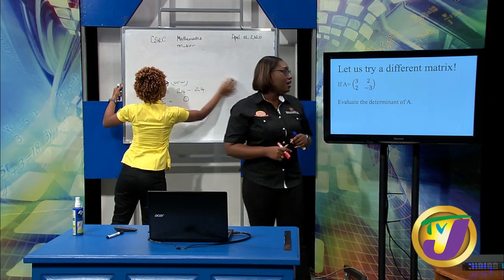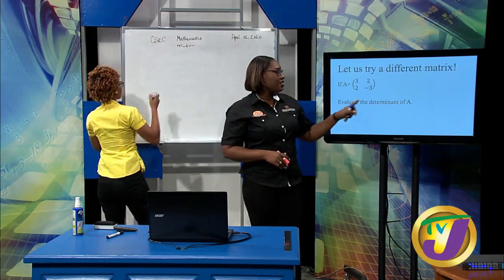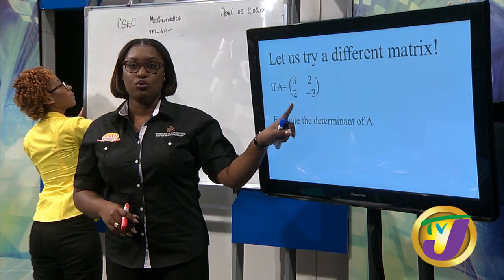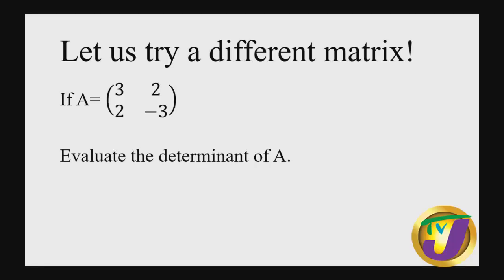So here we have another matrix A. Matrix A has entries 3, 2, 2, -3, and we're asked to evaluate the determinant of this matrix. As was asked before, I want to find out if the determinant of this matrix is going to be 0. Again, start off by highlighting our leading diagonal, the elements circled in red.